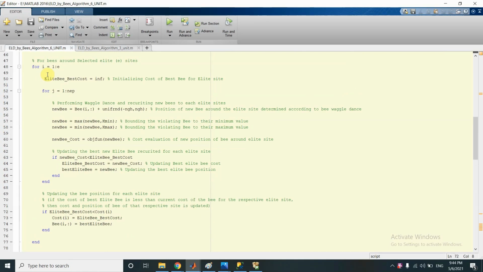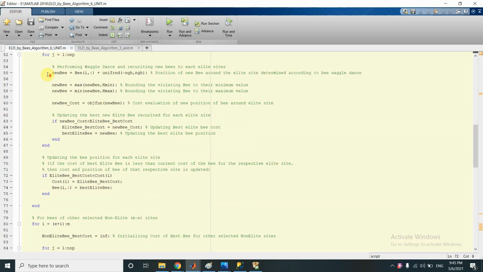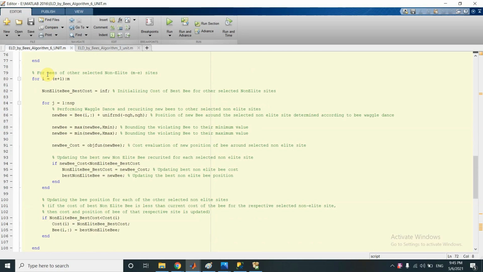We have generated NEP number of newbies, found their position, calculated the cost, and taken the best cost for each elite site B, and compare it with the previous cost value of the previous iteration of the elite B. If it is found to be better, then we update the cost and the position. If it is not, then we do not update, we keep the previous position and previous cost of the B.